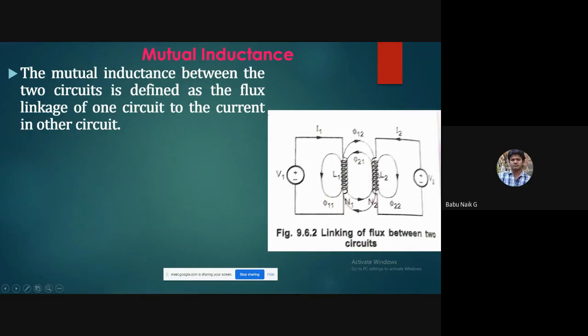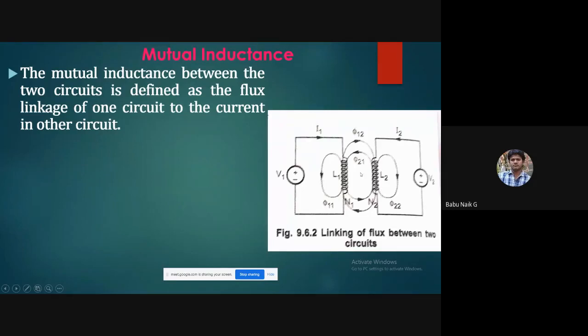Now let us take the flux produced by circuit 1, after giving the supply, with current I1 carrying through L1, and as well as I2 carrying through L2.